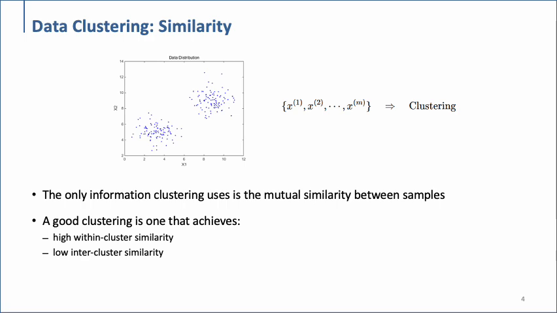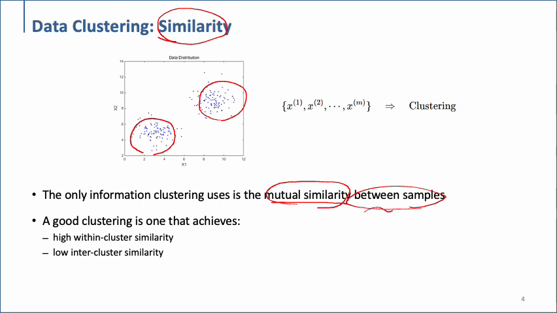In order to do clustering, we need to find some similarity. The only information clustering uses is the mutual similarity between samples. That means from this unlabeled data, in order to determine clusters, we need to find the mutual similarity between samples.